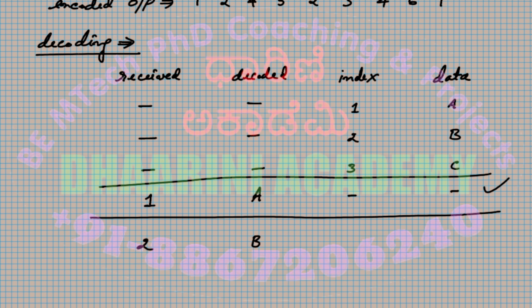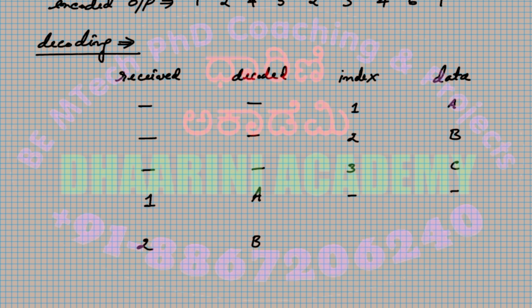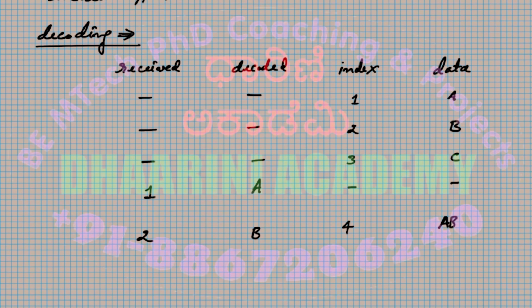So you have to increase your index number to 4. The idea is that whatever is in the previous step plus this, that is AB. So your data in the dictionary becomes AB. Is it okay?